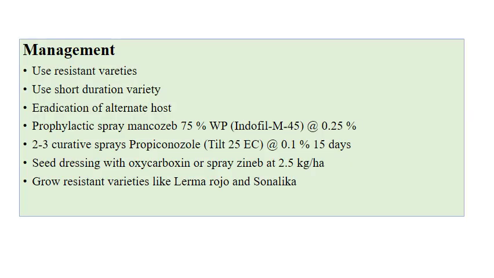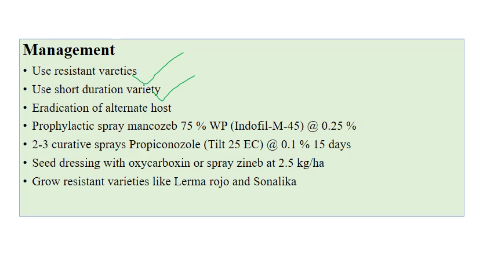Coming to the management aspects, we can use resistant varieties, and short duration varieties will be helpful. If we are using a short duration variety, we can escape the disease, especially due to climatic conditions, or if the crop ends and is harvested on or before the occurrence of the disease, it will definitely help farmers escape the disease.